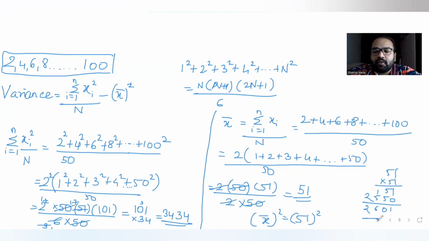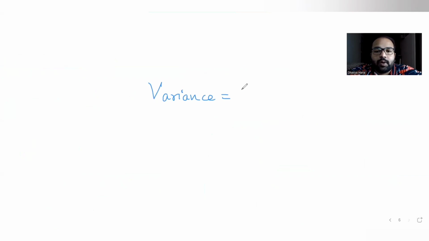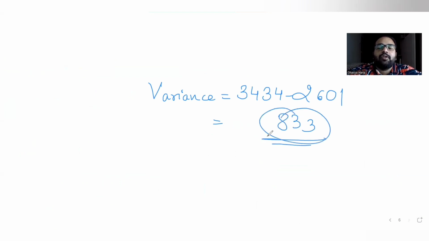So 3434 minus 2601. 4 minus 1 is 3. 3 minus 0 is 3. 34 minus 26 is 8. So the answer for this question becomes 833. And if you see the options here, the option that matches with this is B, right? So the correct answer in this question is option B.